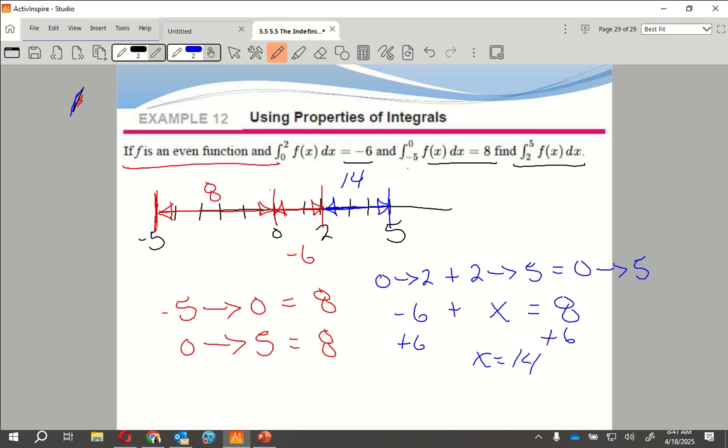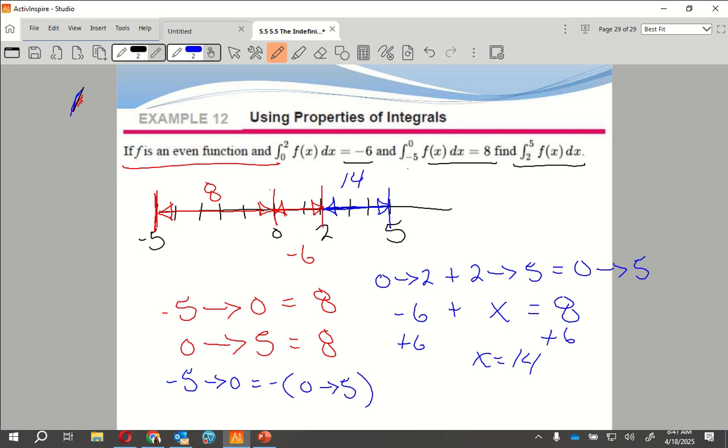If it would be an odd function, we would know that from -5 to 0 would be equal to the negative of 0 to 5. The reason why I say negative is it's opposite.